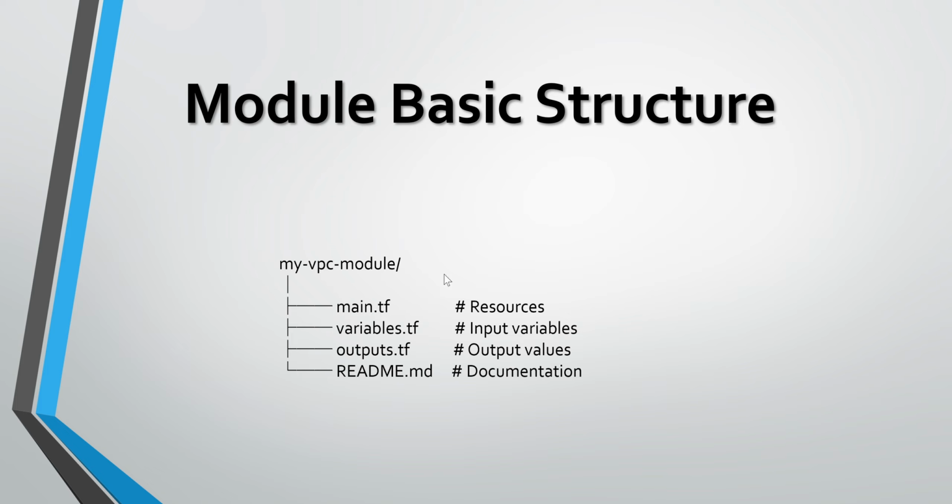Then you have a variable.tf file. You can understand it as the input variables for your module. Let's say when you are creating a VPC, you might have a VPC name and a VPC CIDR range. All these input variables you can define in the variable.tf file. And output.tf is for output values. Once you create the VPC, you maybe need the VPC ID, so you can display it in the output.tf.